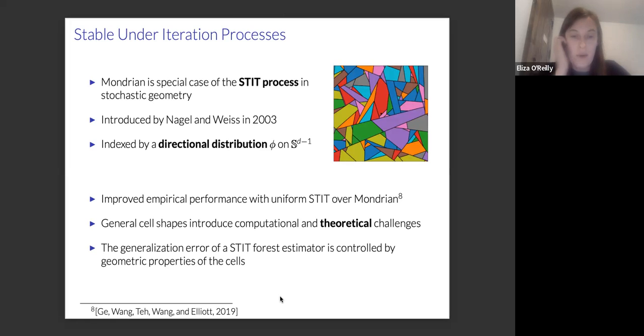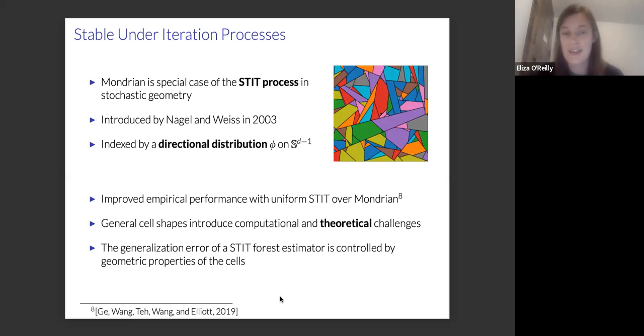There was one paper that saw the connection between the Mondrian process and this more general class of random partitions. They did an empirical study with random forests that were generated by a uniform STIT process, which showed improved performance over Mondrian random forests.